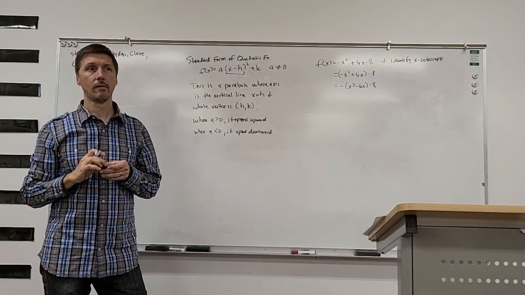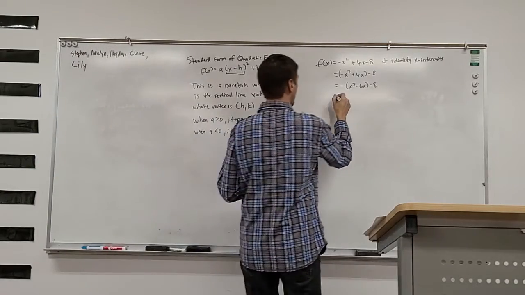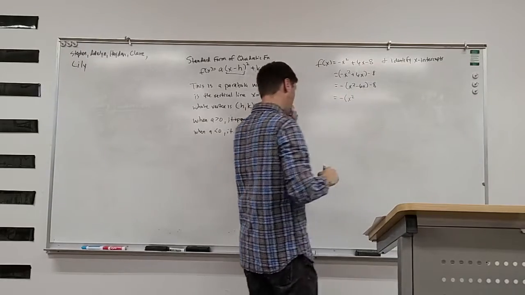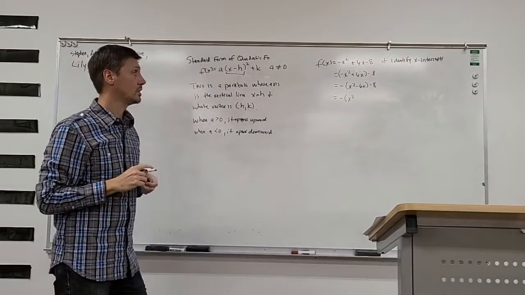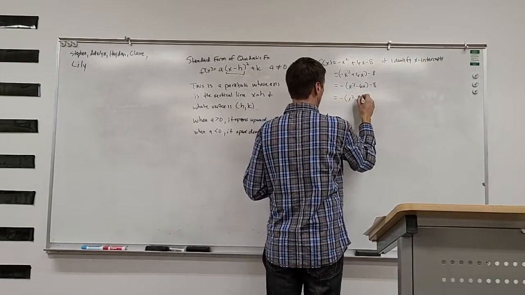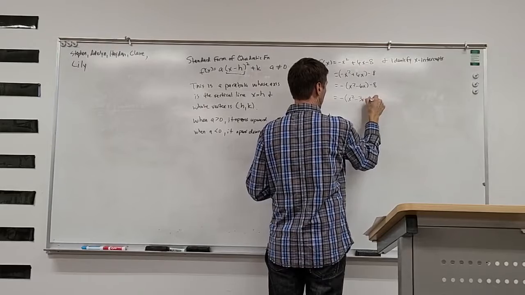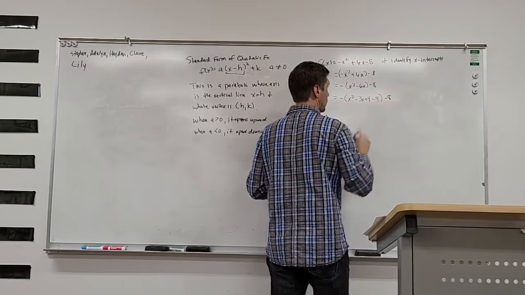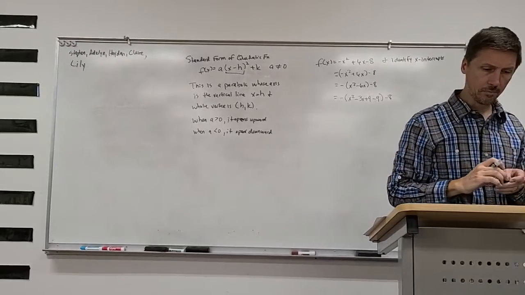Complete the square, right? So now we've got -(x squared. We take half of -6, which is -3. And then we square that, which is going to be a positive 9, so -3x plus 9. We have to subtract out the 9, so we don't change the overall value of the function, so it looks like that.